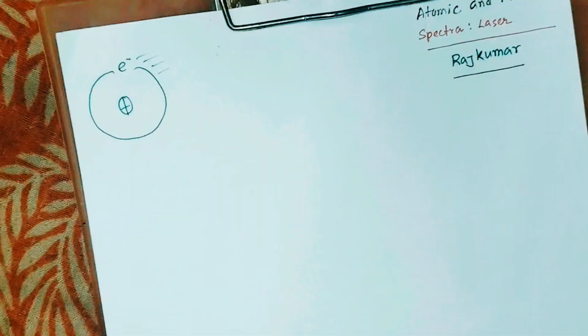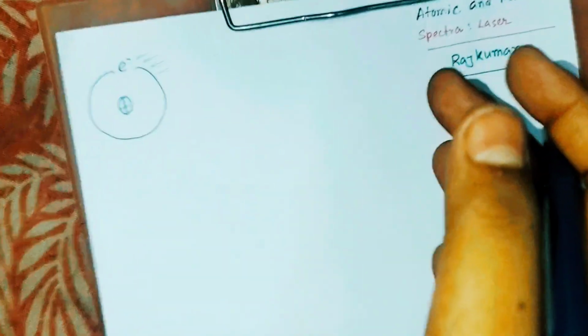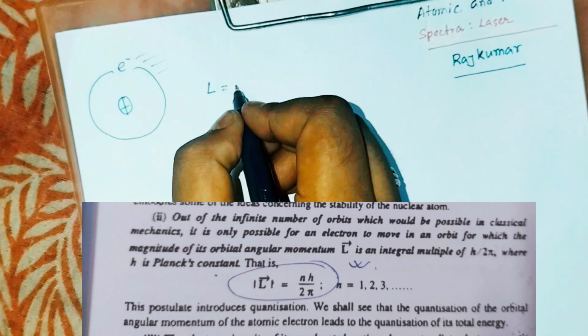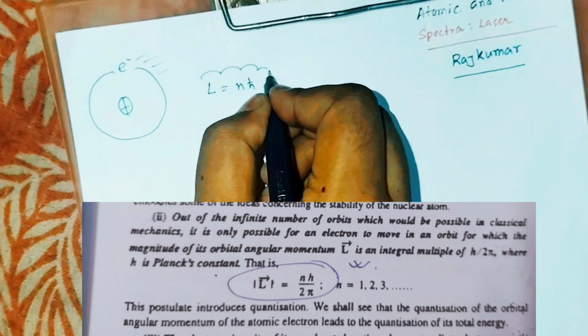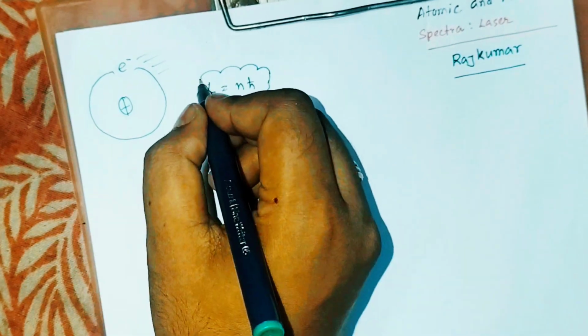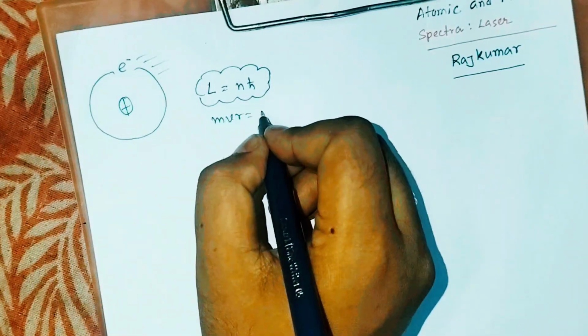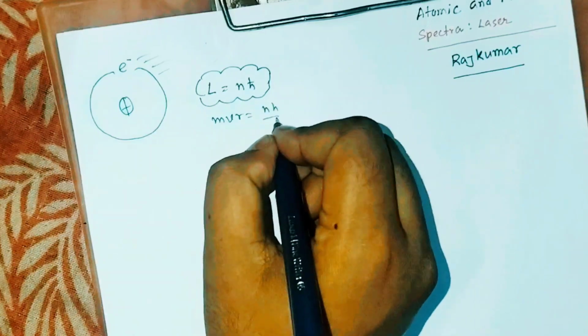The second postulate is that the electron only revolves in those orbits in which angular momentum is an integral multiple of h-cut, that is L equal to n h-cut. So I can write mvr equal to nh by 2 pi.